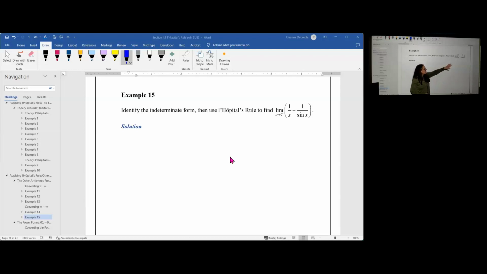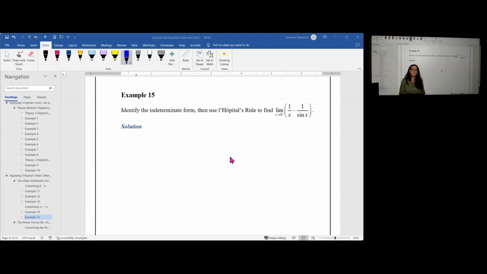The second one, the sine of 0 is 0, so 1 over 0 also approaches positive infinity, since sine is positive to the right of the origin. That means I have infinity minus infinity, which is definitely indeterminate.